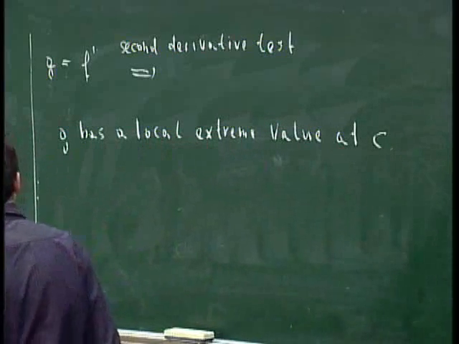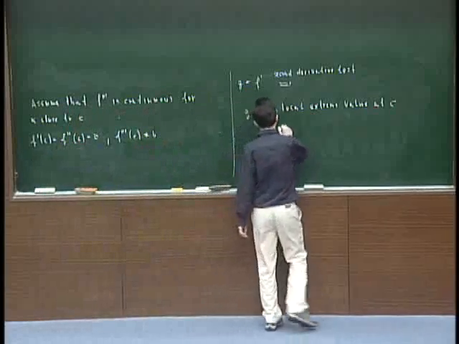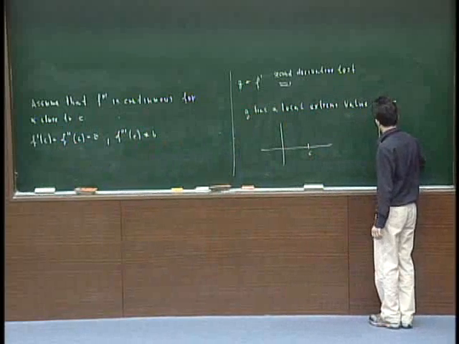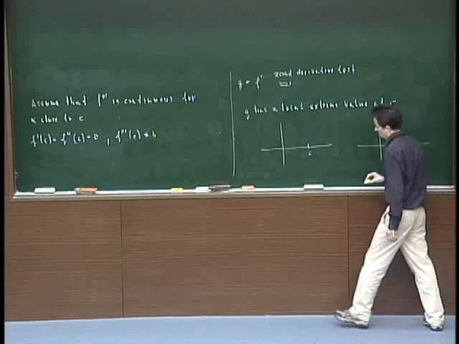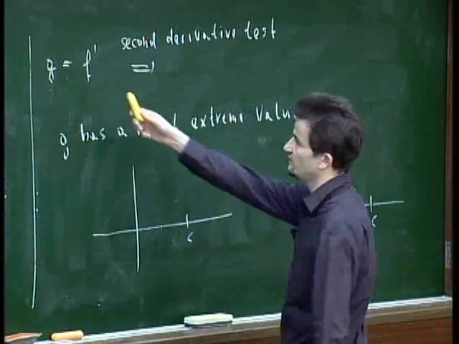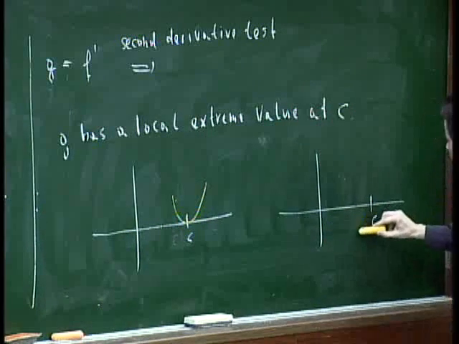But you see that g at c is equal to 0, so if this is c here, you just have two choices for g, namely either this or this.